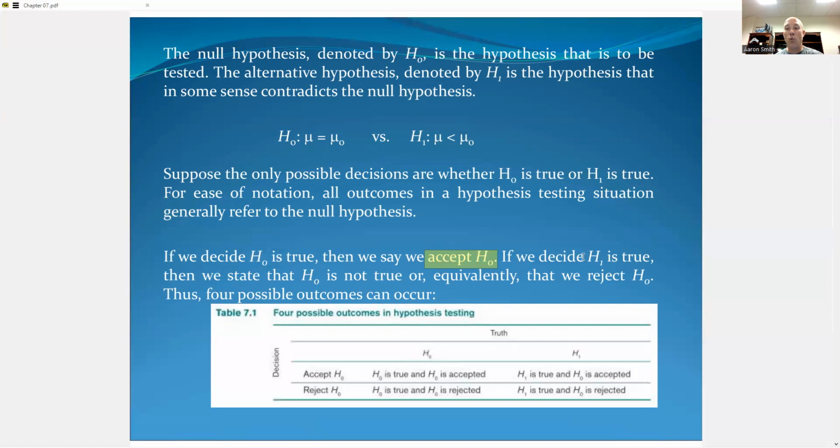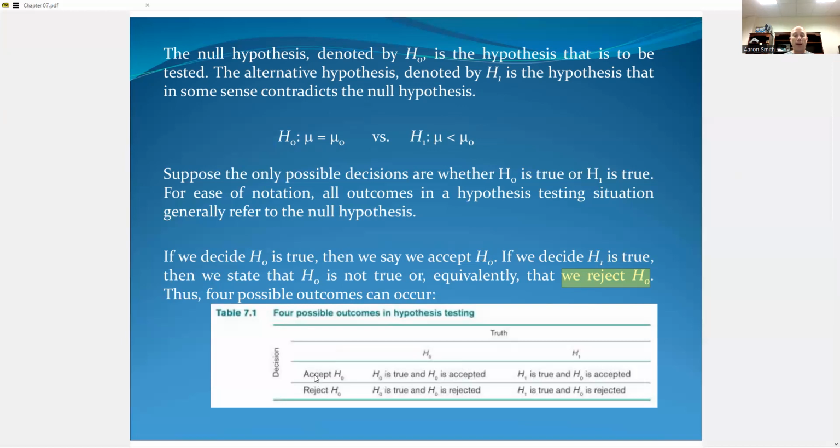If we decide that H1 is true, we say that we reject H0. So there's four possible outcomes altogether. In statistics, we have some funny wording on this. We're either going to say that we fail to reject the null hypothesis or we reject the null hypothesis, one of the two. As we get through this, I'll explain why that is.